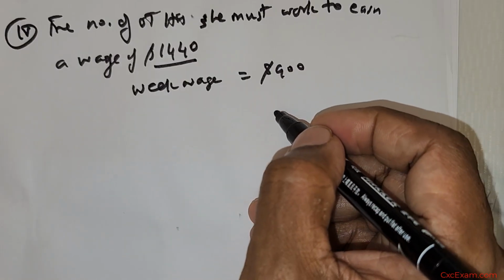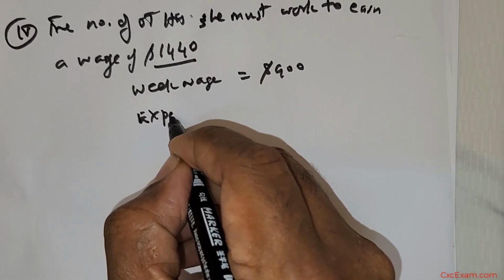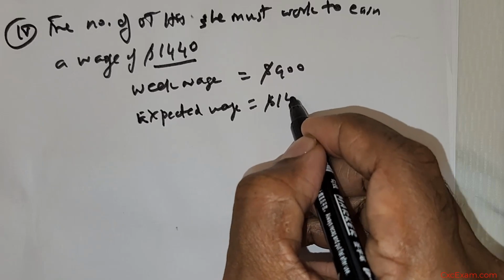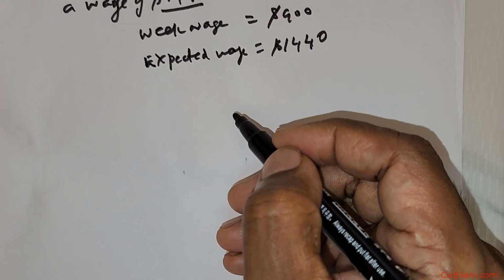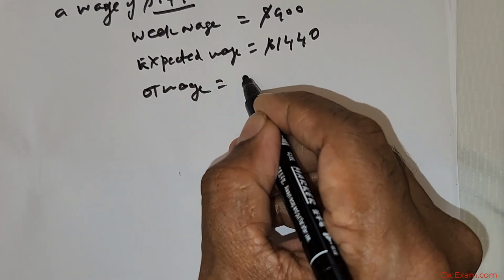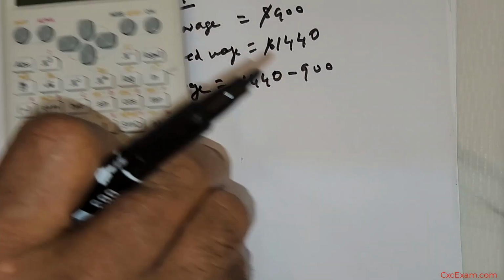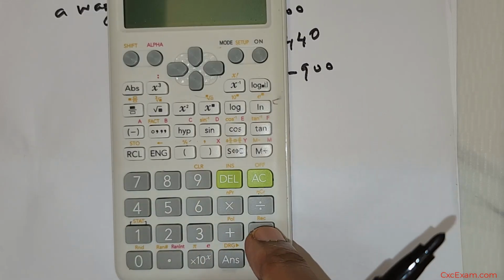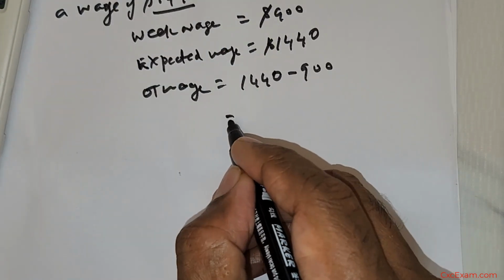So the expected wage is $1440. So the OT wage would be from 1440 you subtract 900. You can use a calculator. 1440 minus 900, you get 540.